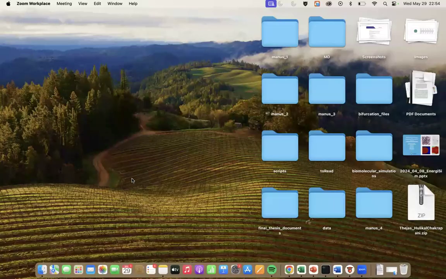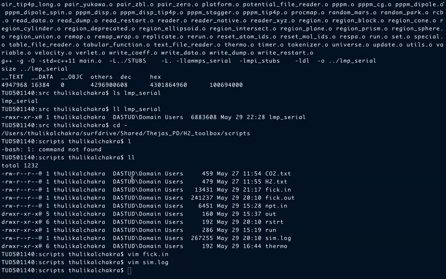The main purpose of this document or this video was to show you how to run the LAMMPS input script to obtain the output file which corresponds to the different diffusivities, the Maxwell-Stefan diffusivity in particular.